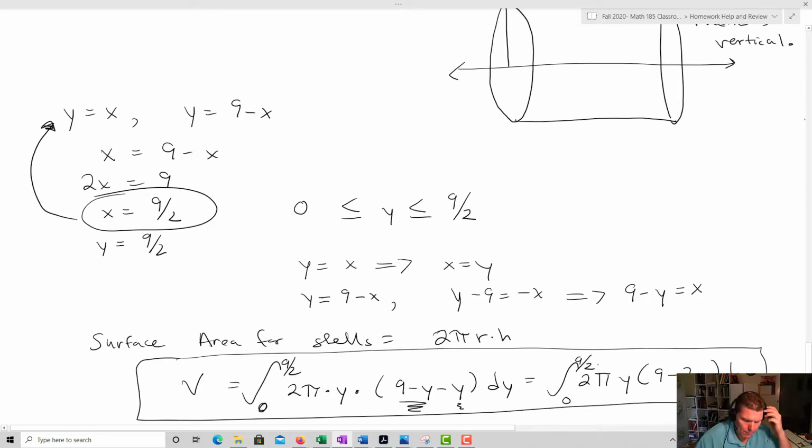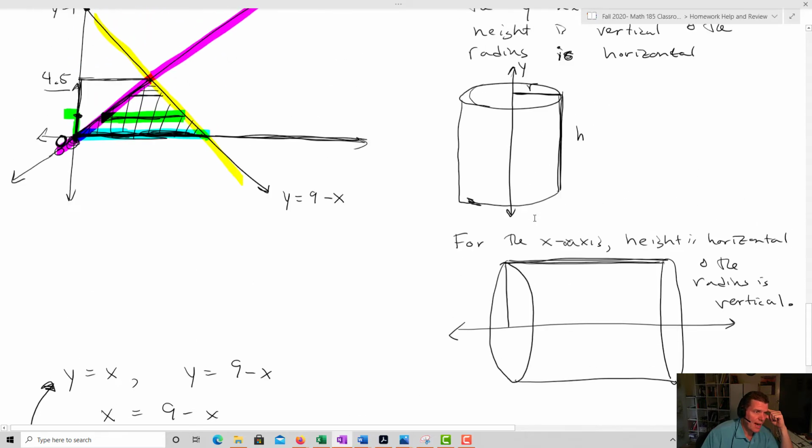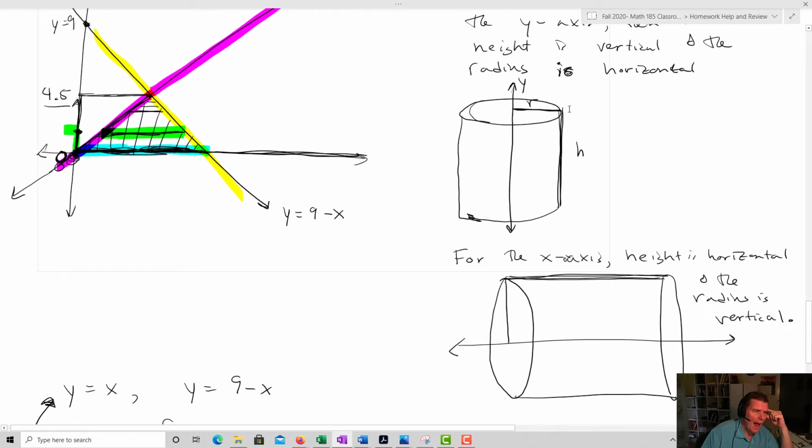So big thing to remember when we are working with cylindrical shells is that whatever axis we're rotating around, the height is going to be parallel to that axis, and the radius is going to be perpendicular to that axis.